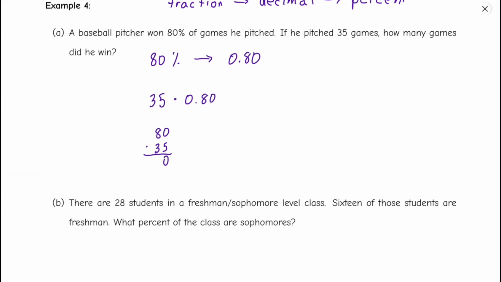Five times 0, 5 times 8, placeholder 0 first, then 3 times 0, and 3 times 8. And there were 0 decimal places here. There were 2 decimal places here. So we need 2 decimal places in our answer. So we get 28.00 or 28 games.